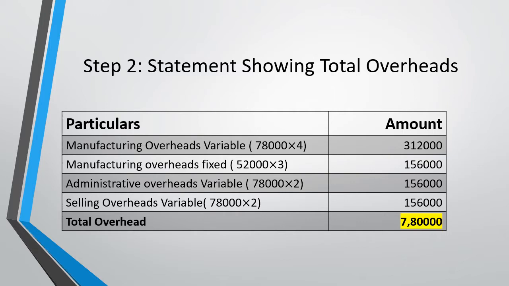So it will be 52,000 into 3, 1,56,000. Your fixed cost remains the same. Administrative overhead is 78,000 into 2 rupees, that is variable, 1,56,000. Selling overhead variable is 78,000 into 2, which is 1,56,000. Your total overhead comes to rupees 7,80,000. This is the second step you have to do.